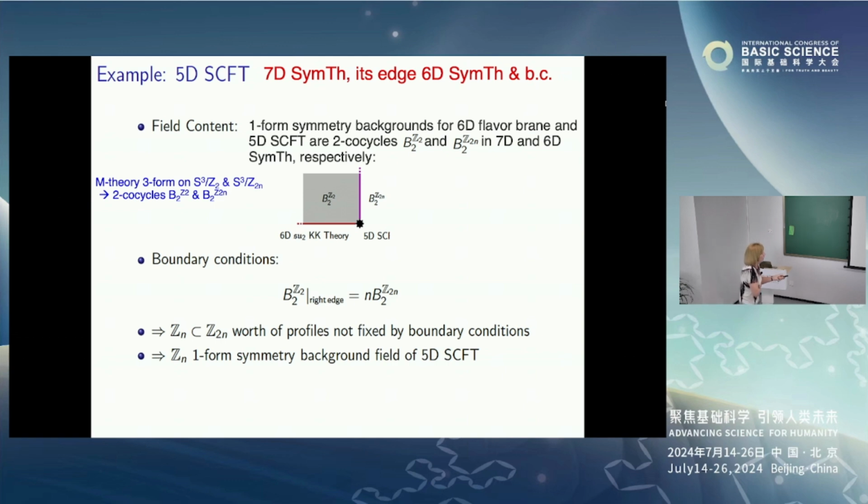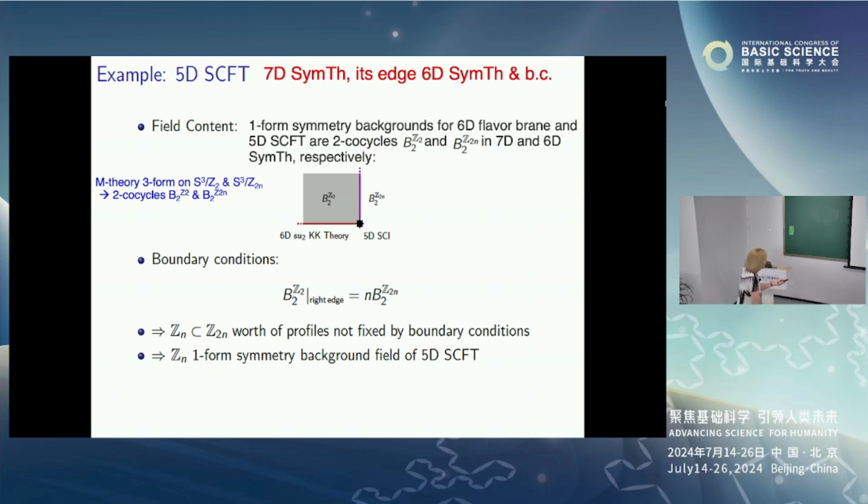And so at the boundary of the 7-dimensional brane, the flavor brane symmetry theory, on the end, we have to relate these 2-cycles to the 2-cycles of the corresponding CFT symmetry theory. And we end up with N conditions here.